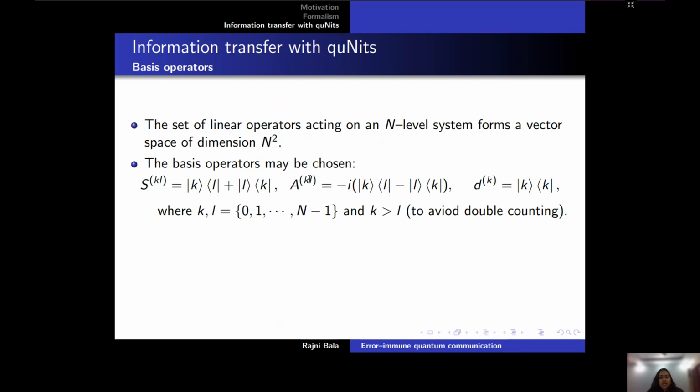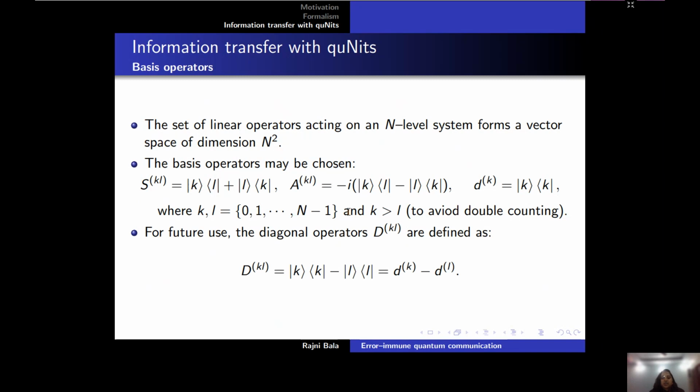However, S_kl and A_kl are both off-diagonal operators, which are n choose 2 in number. The S_kl are the symmetric operators, whereas the A_kl are antisymmetric operators. However, for future use, we define a more general diagonal operator, which is the difference between the two basis diagonal operators. So we will use these S, A and capital D operators for future use.